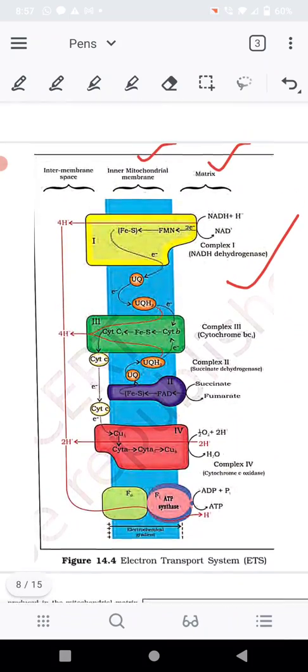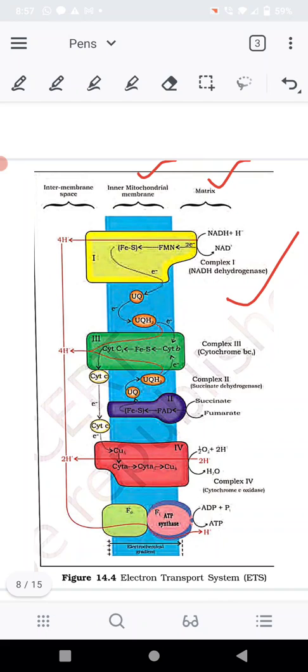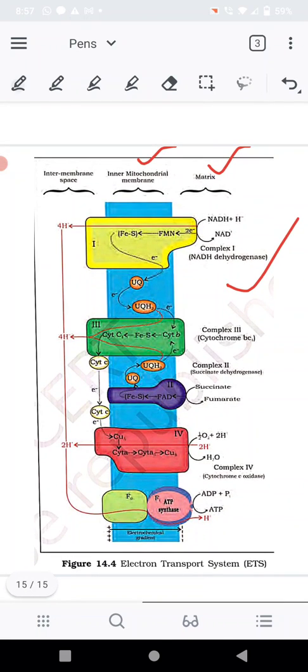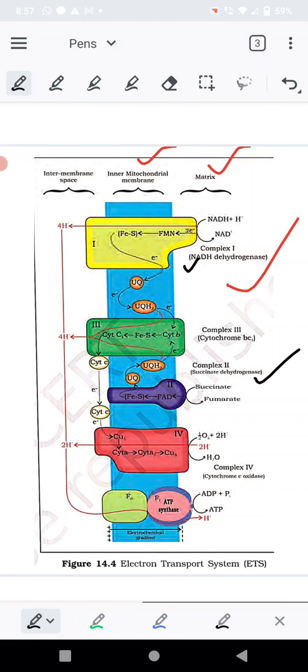The electron transport system consists of certain complexes. There are a total of 5 complexes. The first complex is known as the NADH dehydrogenase complex 1. Complex 2 is known as succinate dehydrogenase.